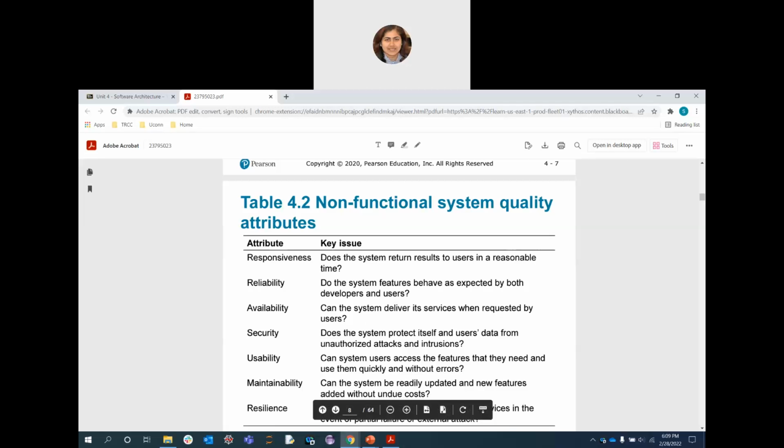The responsiveness, reliability, availability, security, usability, and maintainability are some of the key quality attributes that add to the importance of software architecture.